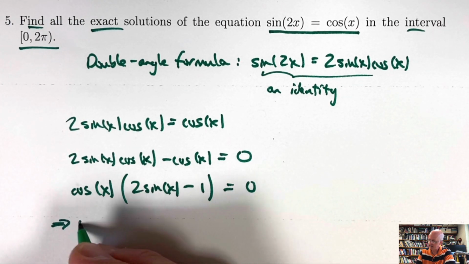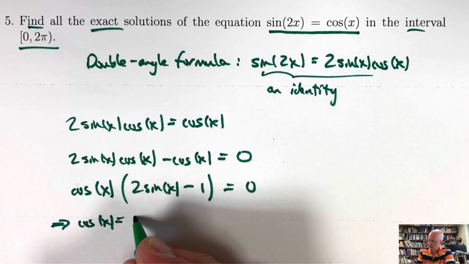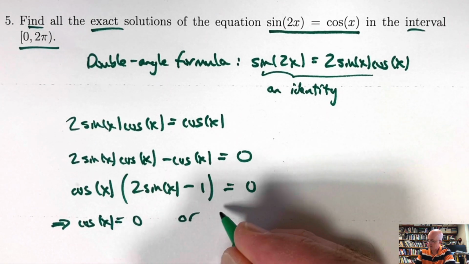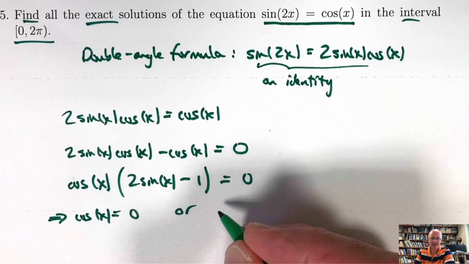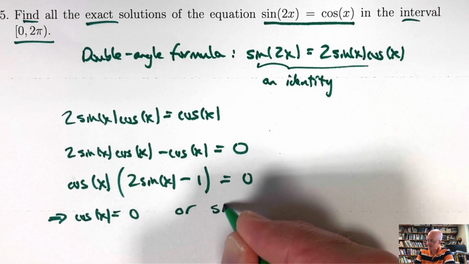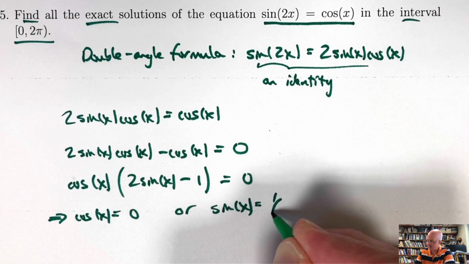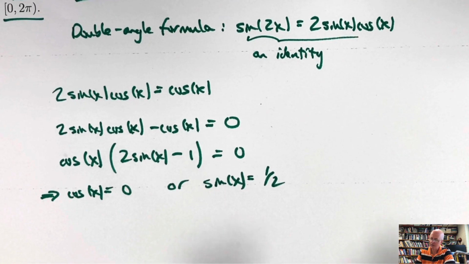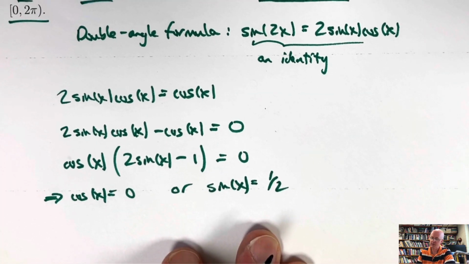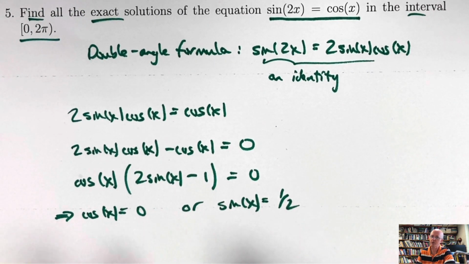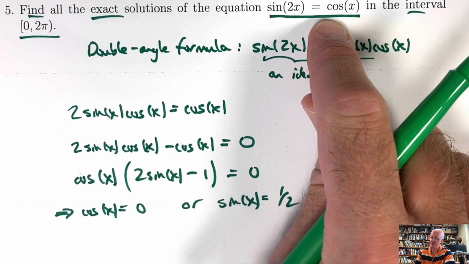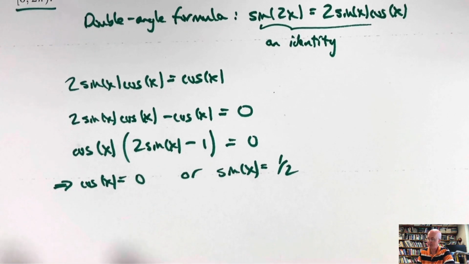That implies cosine of x equals 0, or this thing equals 0, 2 sine x minus 1 equals 0, which after adding 1 back to both sides and dividing both sides by 2, sine of x equals 1/2. We'll solve both of these equations for solutions in this interval. And you can double check that those possible solutions are actual solutions with the original equation by plugging in. I won't take the time to do that.